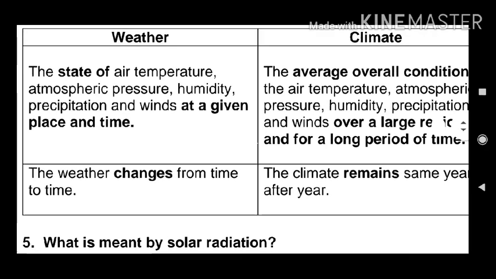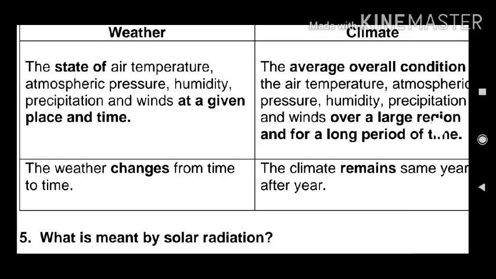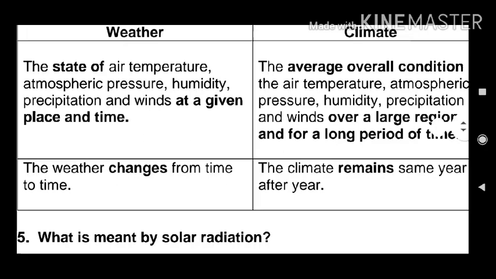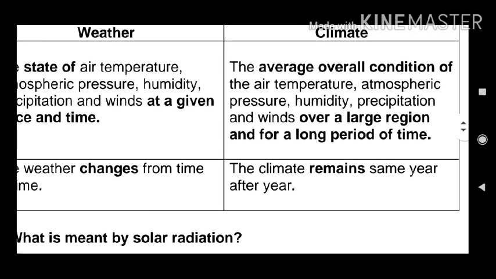Now the second point is the weather changes from time to time. So weather keeps on changing from time to time. But what about climate? The climate remains the same year after year.